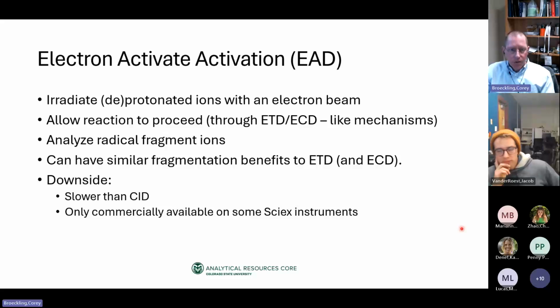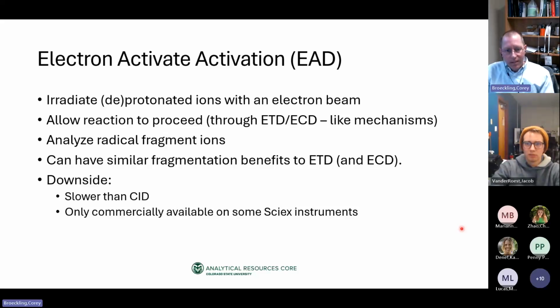Electron activated dissociation, EAD, is a relatively newly commercialized approach. It's kind of similar to electron transfer dissociation, except that we don't have a dedicated reagent ion that we ionize first. We actually irradiate the ions that we have formed through our ionization source in the front of the instrument with an electron beam to directly add electrons to those structures.